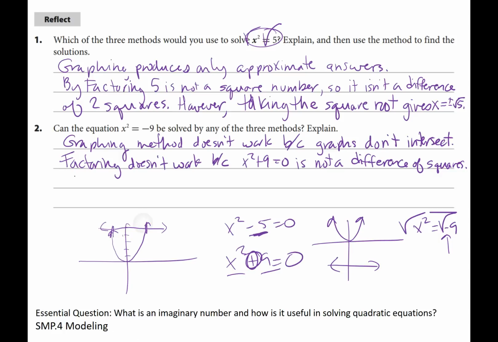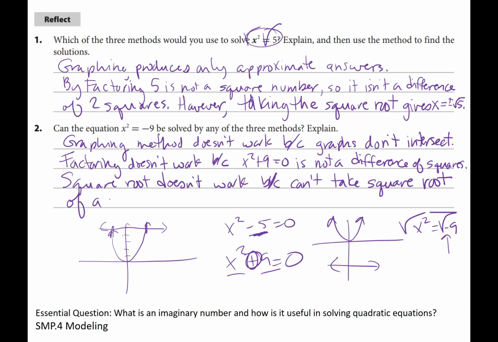So the square root method doesn't work because you can't take the square root of a negative number.